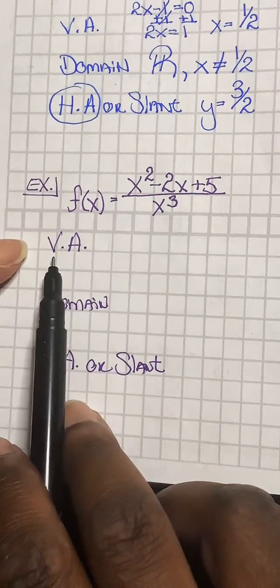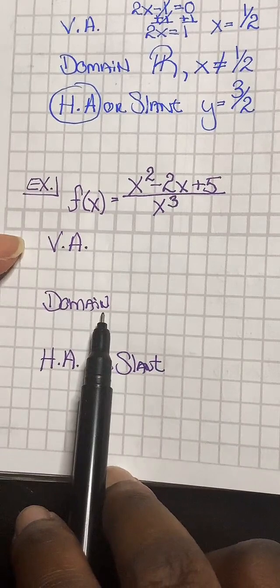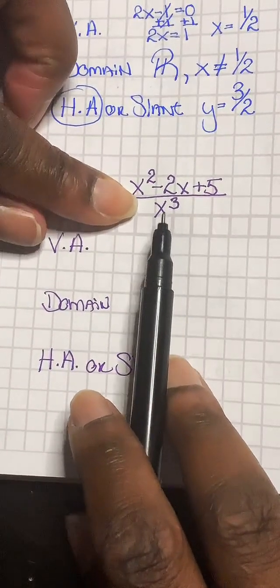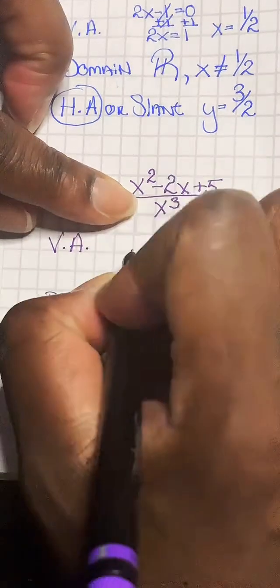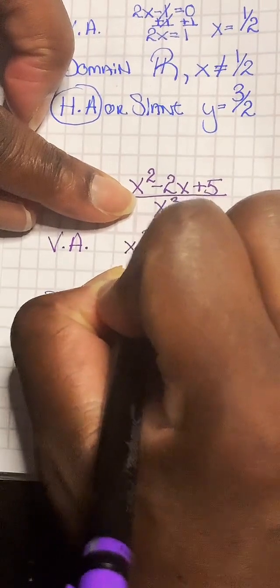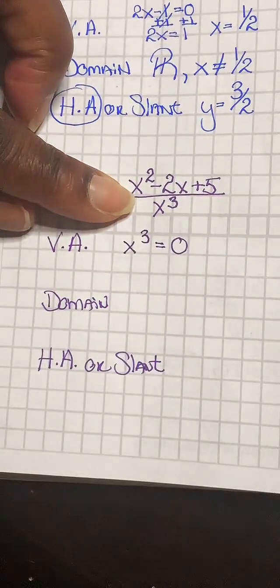So in order to find the vertical asymptote and the domain, we have to look at our denominator. We need to set this denominator equal to 0. So that's x cubed equal to 0.